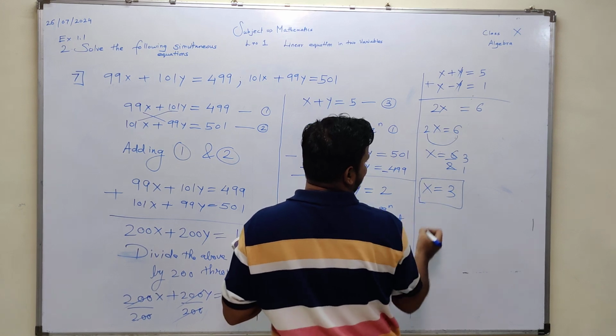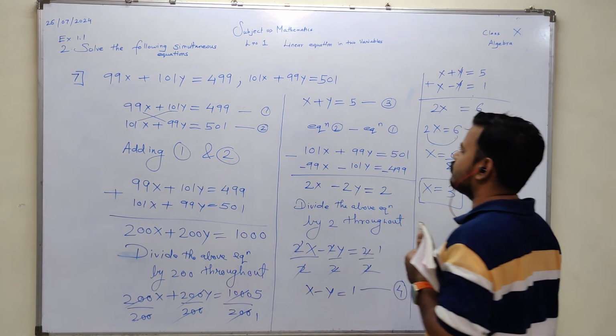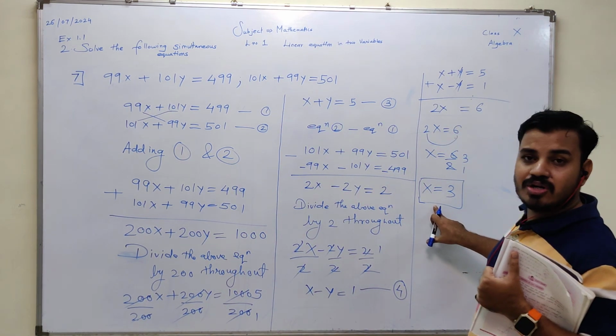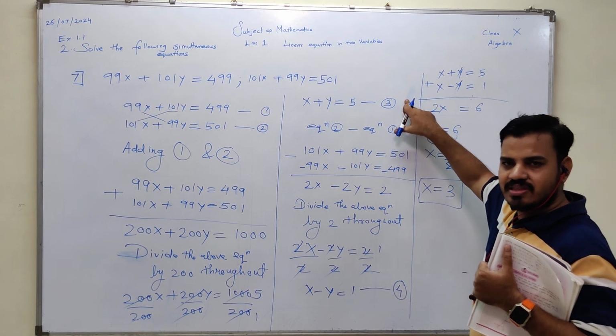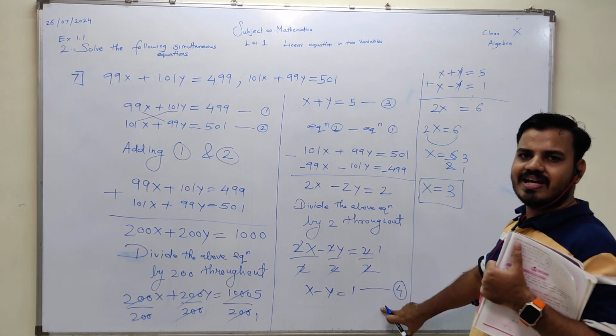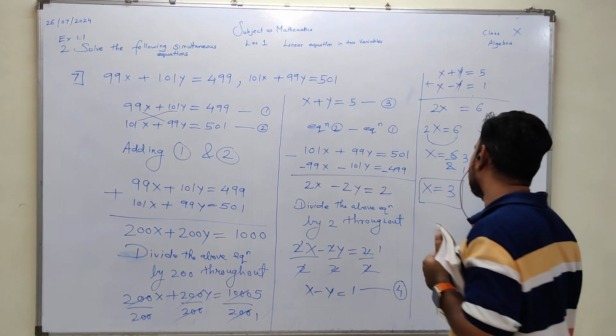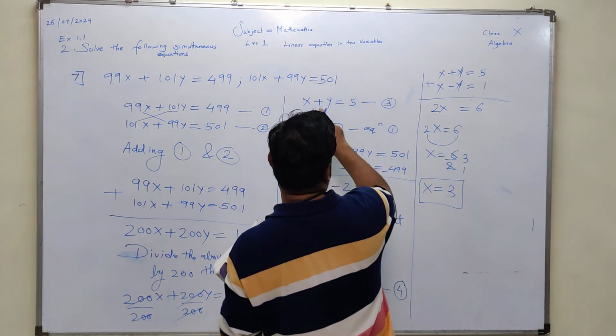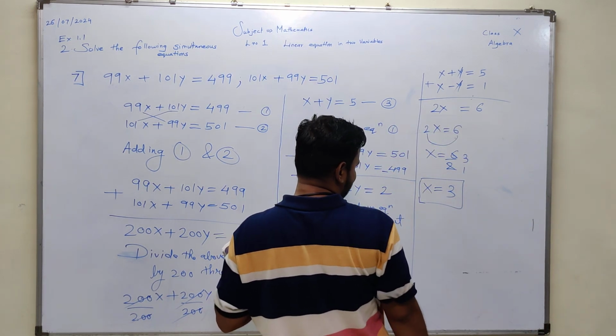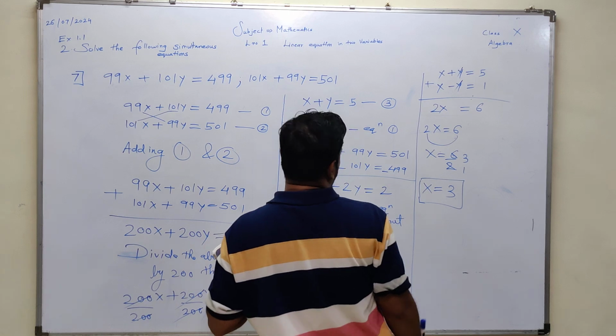So once you have got the value of x equal to 3, you can put this x equal to 3 in either of these equations, equation 3 or equation 4. You will get the value of y. So we will put this in equation 3 because it will be easier for us to calculate the value of y.